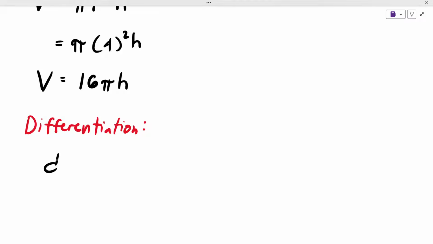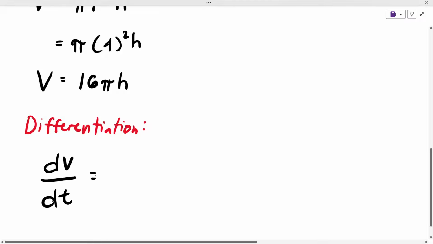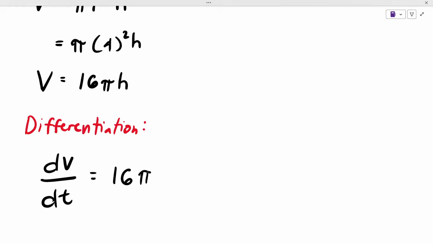We have dV over dt equals the constant 16 pi, times the derivative of h with respect to time, dh over dt.